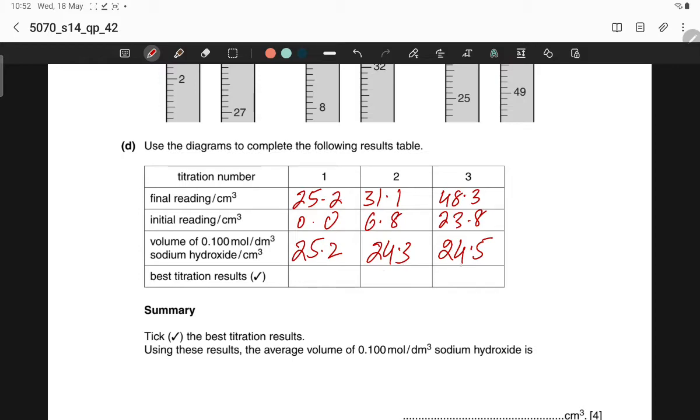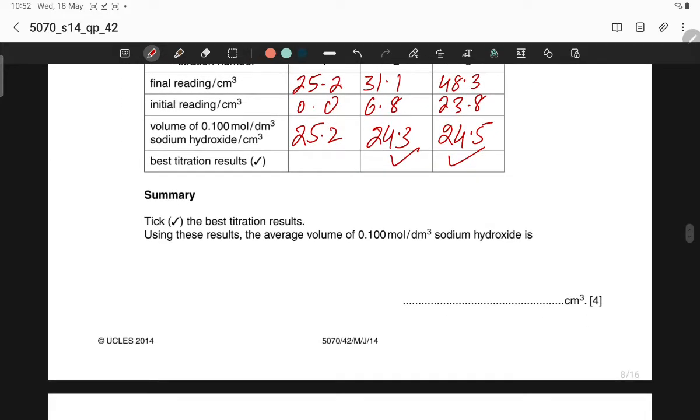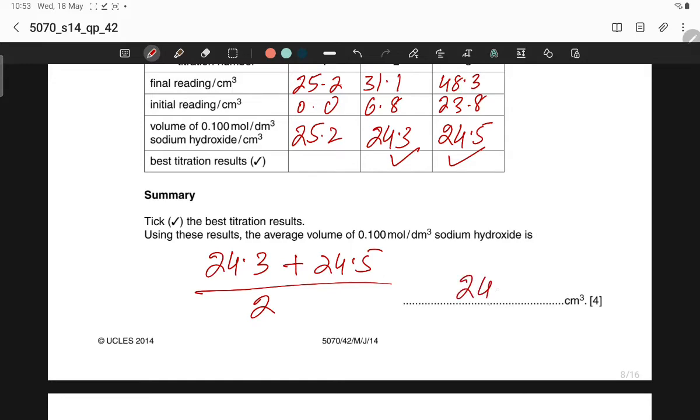So 24.3 and 24.5 have the smaller difference, so we select these two readings. Using these results, the average volume of 0.100 mole per dm cube sodium hydroxide is 24.3 plus 24.5 divided by 2, which is equal to 24.4.